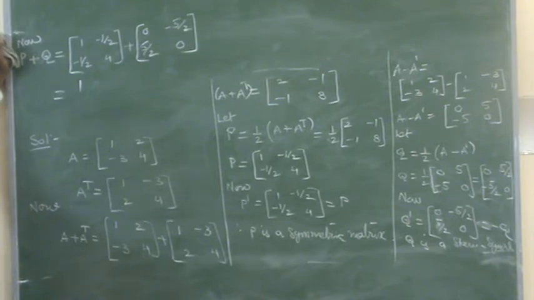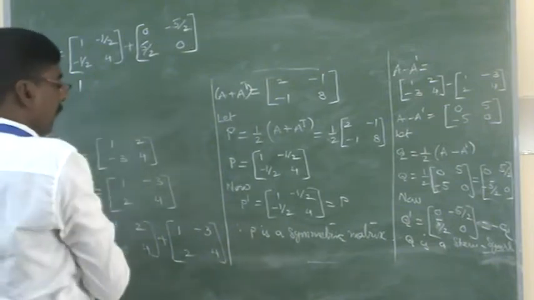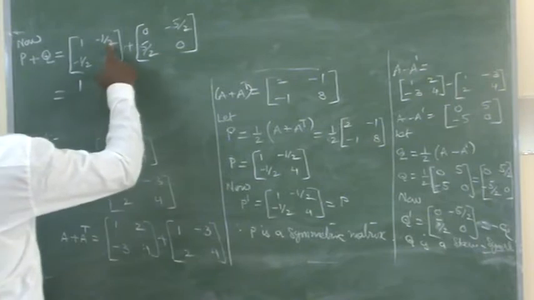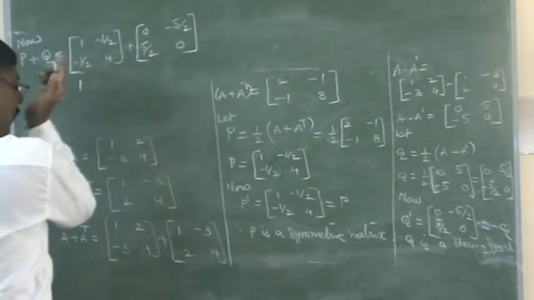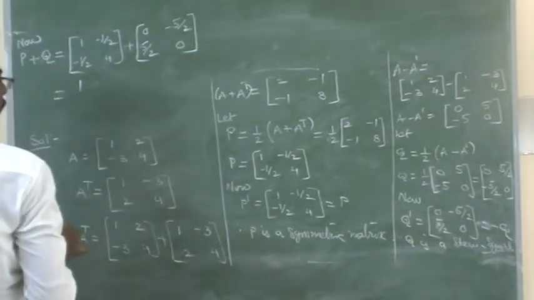What is the answer we are getting? Sorry. Minus 1 by 2 plus minus 5 by 2.